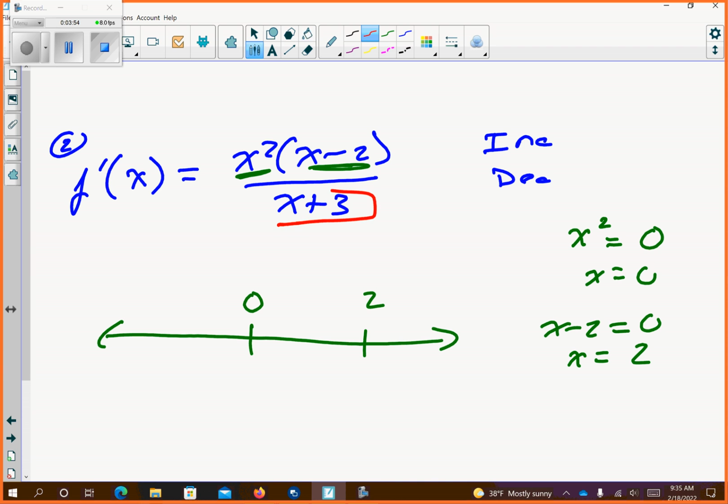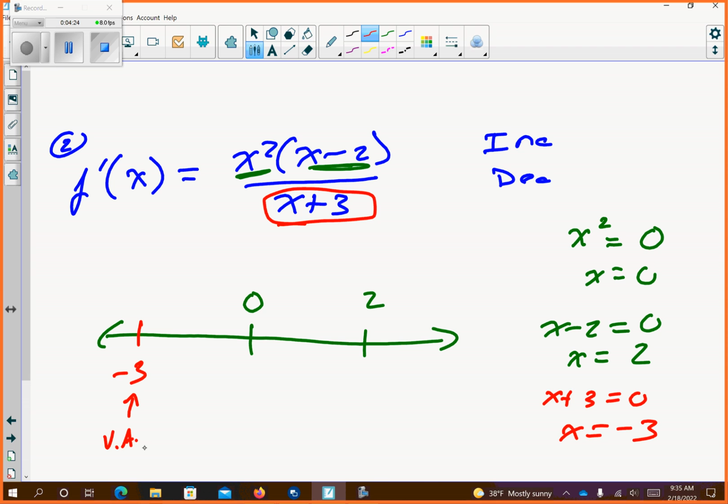But if I set the denominator equal to 0, what does that find us? It finds us negative 3. I'm doing this one in red for a reason. This is a vertical asymptote. The reason it's a vertical asymptote is it's an undefined term at negative 3. So we have to think about what our graph is doing.